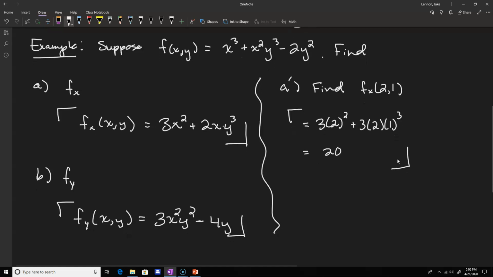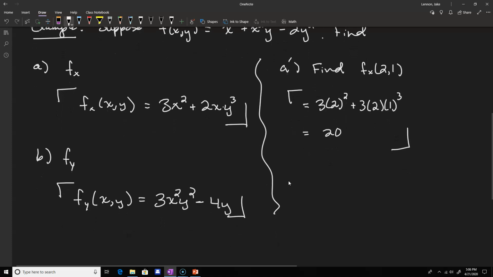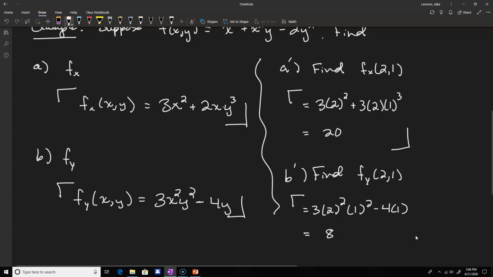And we can do the same thing for b. Let's say b prime, they want us to find f sub y of 2 comma 1. So now we move to this second partial derivative formula. So we would have 3 times 2 squared times 1 squared minus 4 times 1. So in this case we have 12 minus 4, which is 8. So that would be the value.